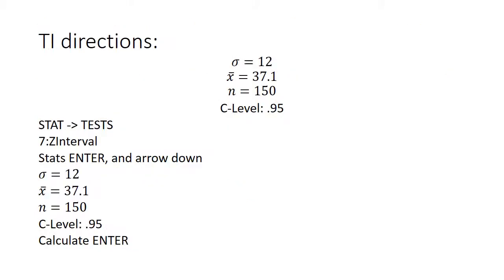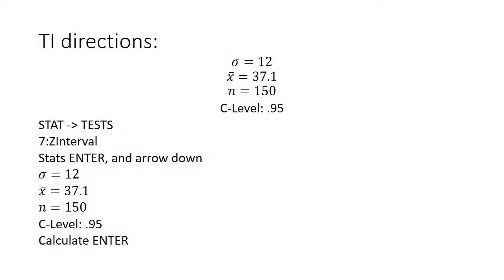So here is what we are going to put into our calculator. Our sigma, our population standard deviation, is 12, X bar, our sample mean, is 37.1, our sample size is 150, our C level 0.95.